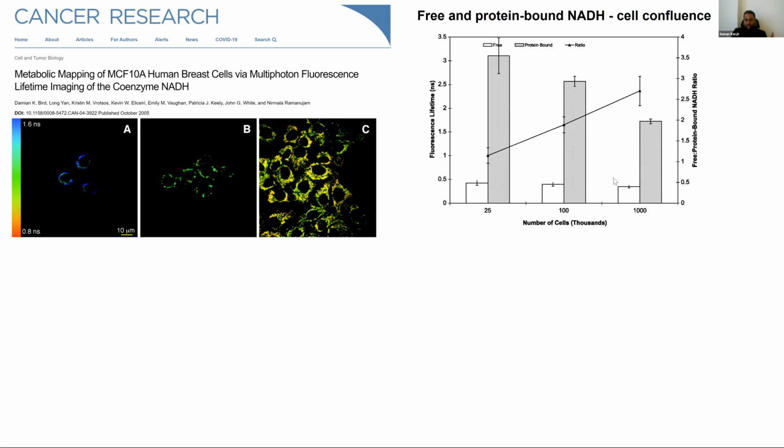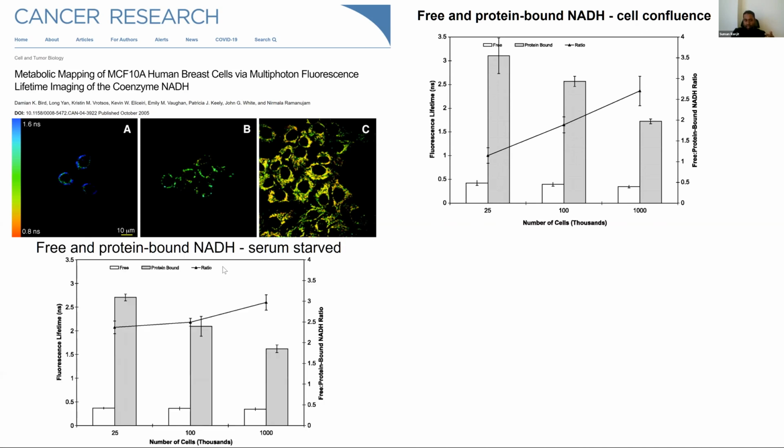As you increase the cell confluence, you see the difference between free and protein bound. But the thing I want you to focus on is the ratio of free to bound. You see the ratio of free to bound, the one in the line, goes up pretty drastically as the confluence goes up. However, if the cells are serum starved, so their metabolism is changed, this increase is very, very low.